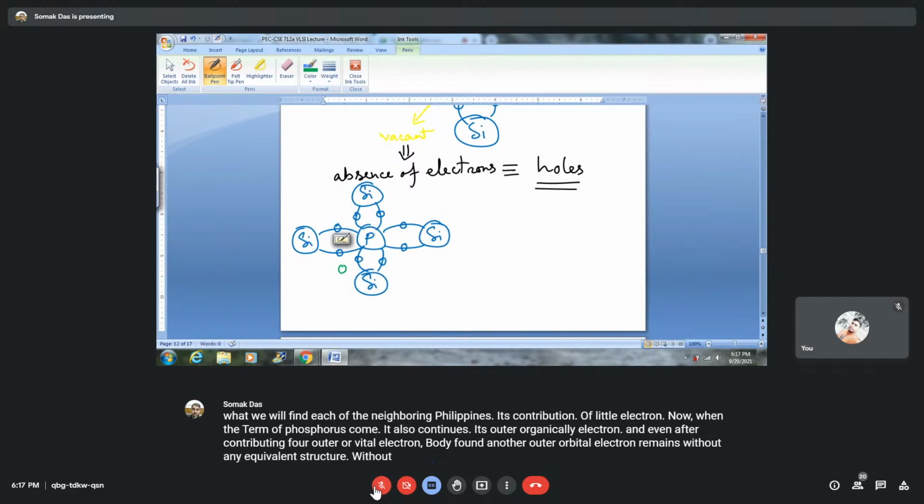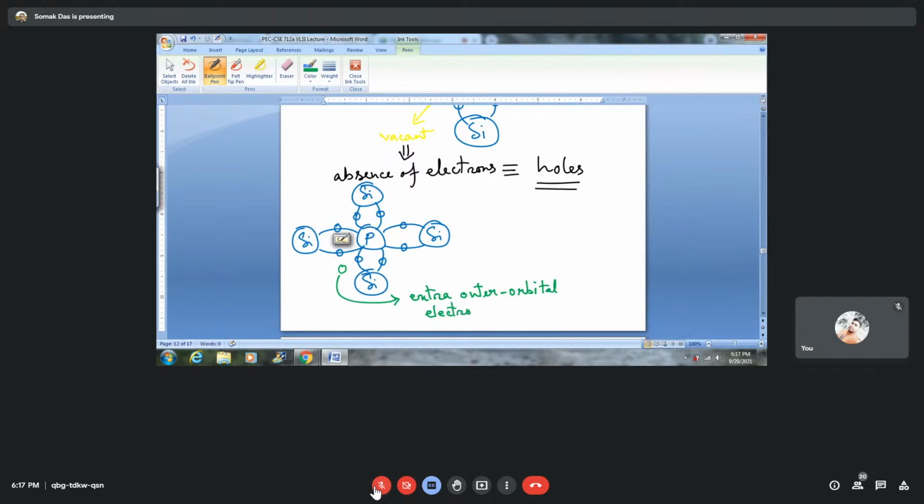Without being part of any covalent pair, this remains as an extra outer orbital electron coming out from the phosphorus atom.